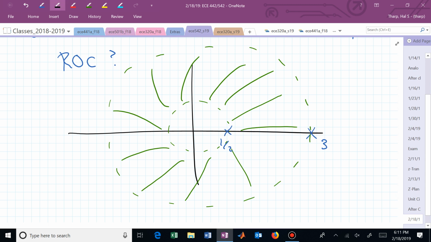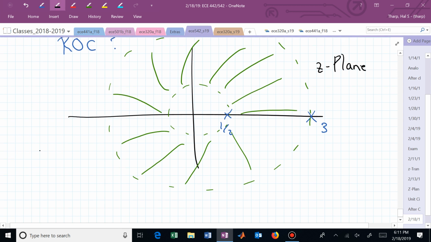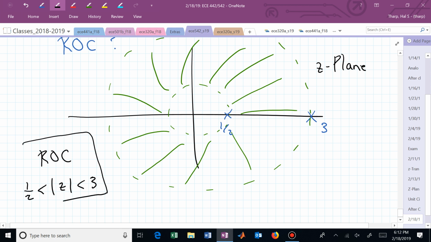In this particular picture, this is our z-plane. We now have a region of convergence such that the magnitude of z is less than 3 and bigger than 1/2. That's our region of convergence. It's annular.